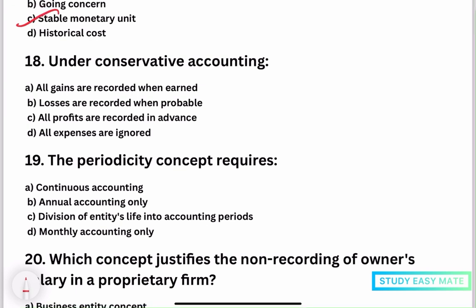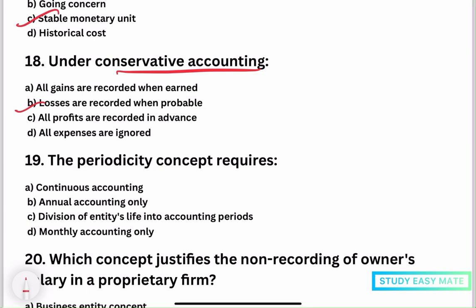Okay, so question number 18. Under conservative accounting, which is the right one? All gains are recorded when earned, losses are recorded when probable, all profits are recorded in advance, all expenses are ignored. Here, losses are recorded when probable. Why?